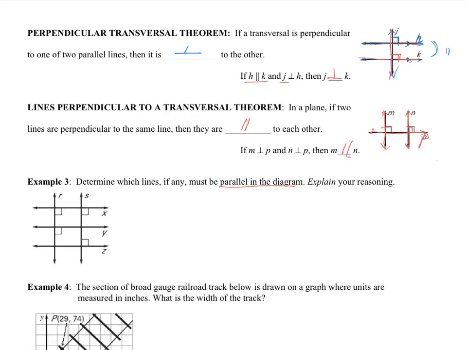Here, line R and line S are both perpendicular to line X. So we have R parallel to S by the theorem lines perpendicular to a transversal. So why don't we just use this as a symbol? Transversal.